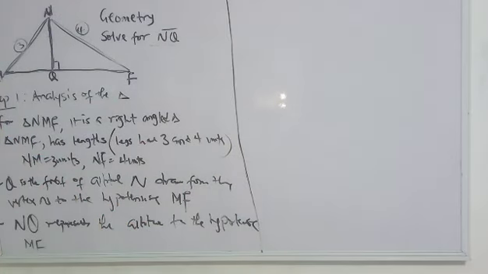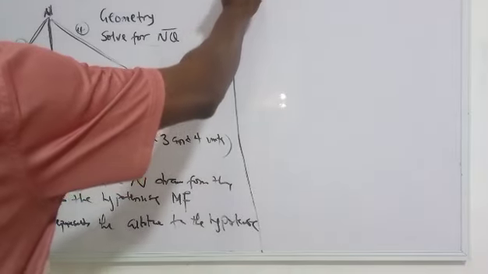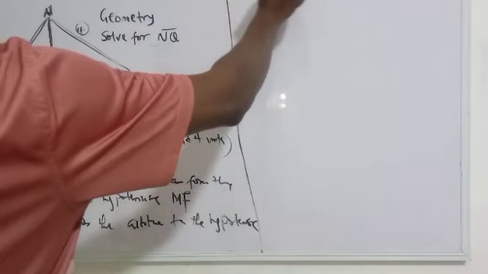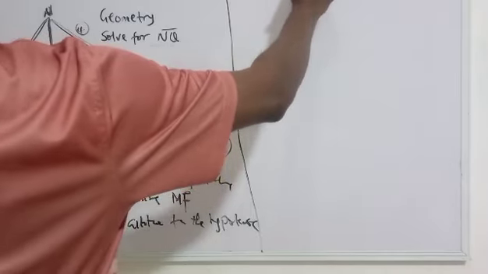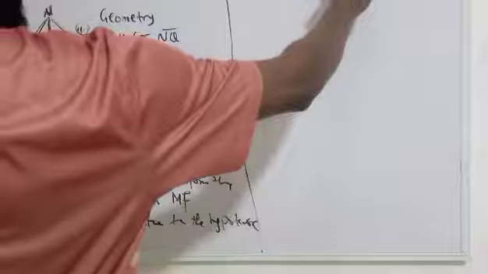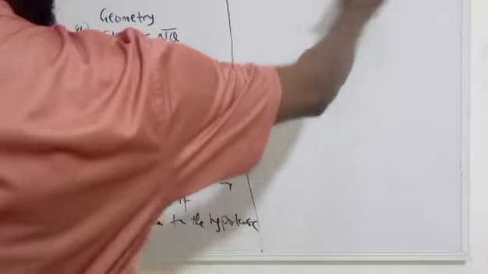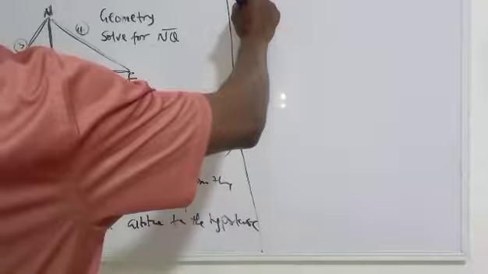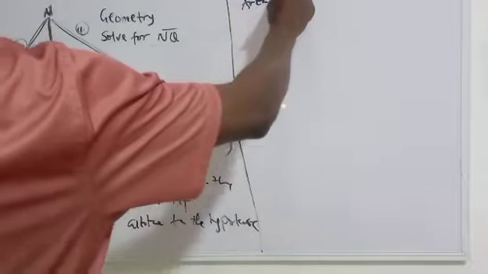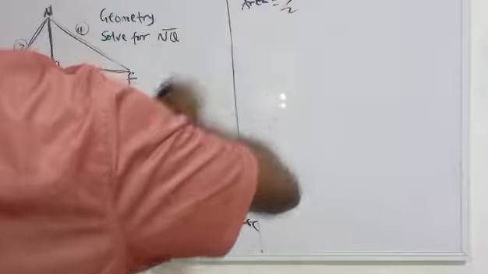So the approach we're going to use now is the area formula. We know that the area of a triangle is half base times height.